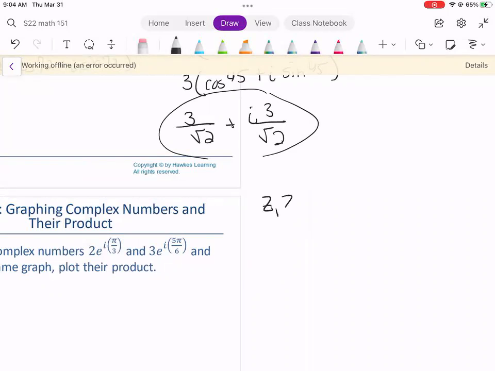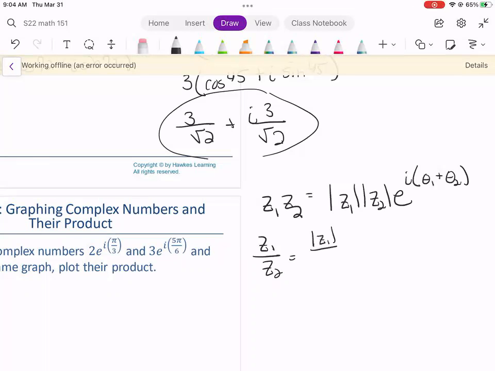If I take Z1 and Z2 and I'm multiplying them together, but want to use Euler's formula, I'm going to get that it's the magnitude of Z1 times the magnitude of Z2, e to the i times the sum of the arguments of each of those. And Z1 divided by Z2 is going to equal the magnitude of Z1 divided by the magnitude of Z2, e to the i theta 1 minus theta 2.